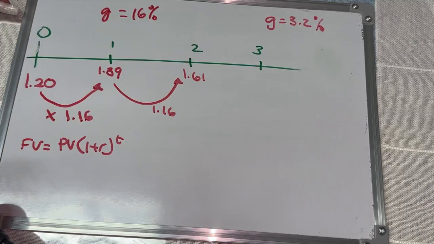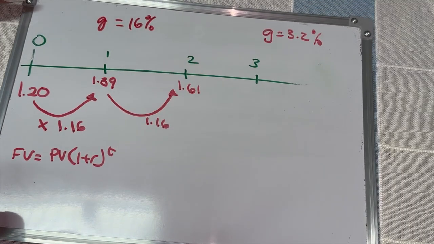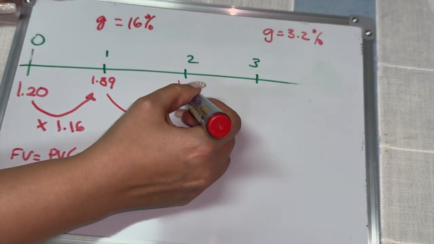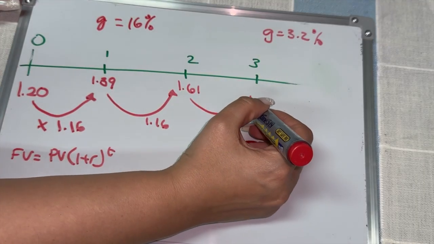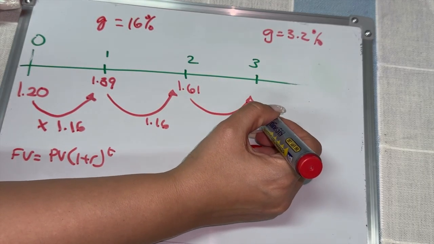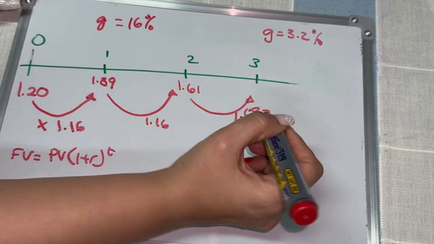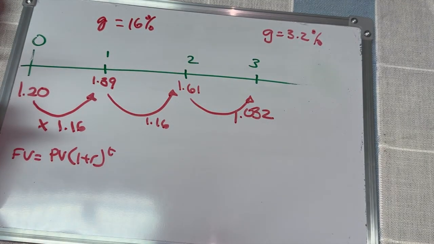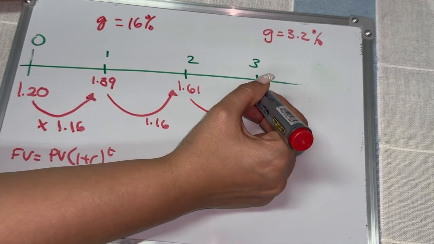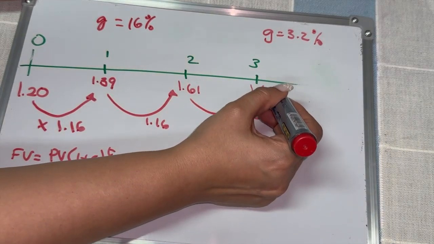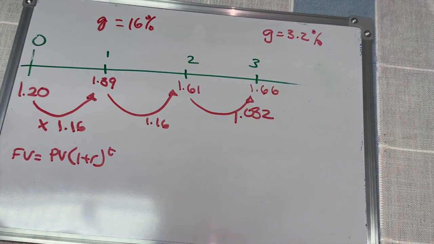So if we multiply $1.61 by the constant growth, 1 plus 3.2%, so 1.032, we get that the dividend in year 3 is 1.66. Okay, do pause the video and do try these. You need to get these dividends.